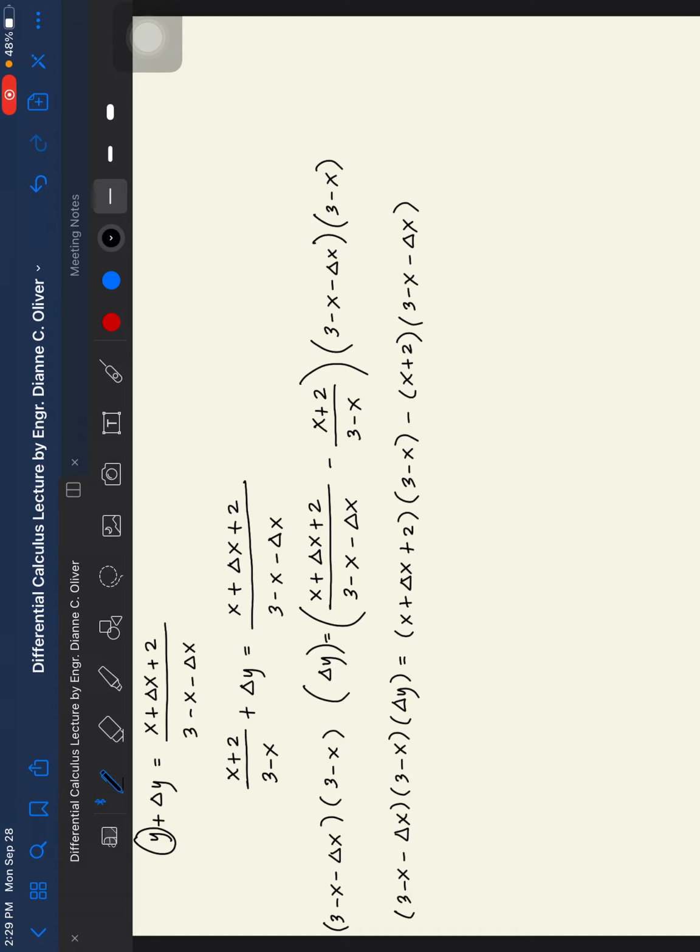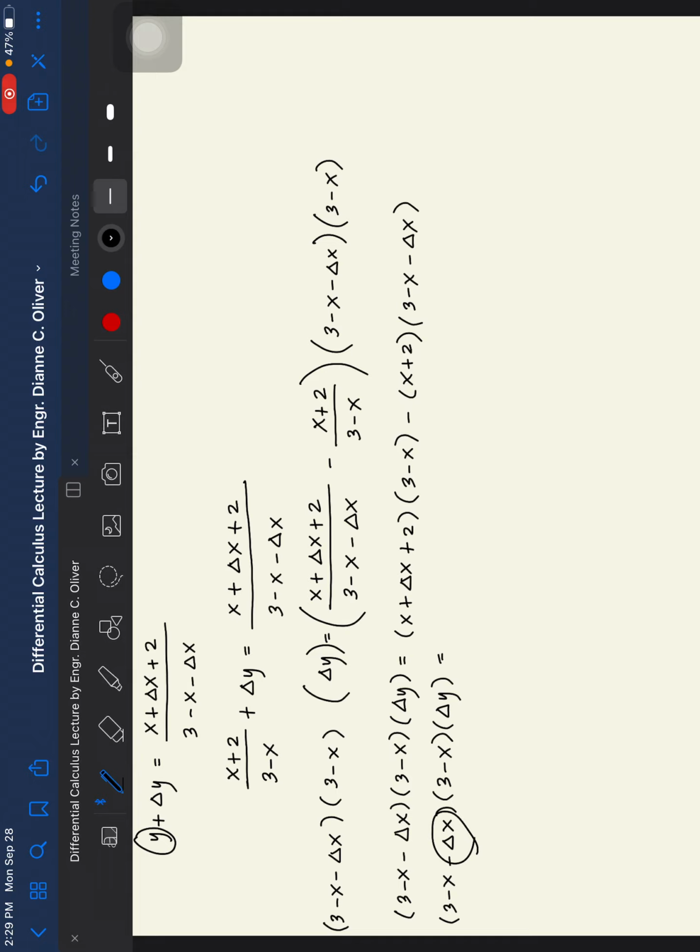Okay, so let's expand or distribute. I leave this as is because you will see later on why. It's for ease of solving. Later on we will just substitute for the value of delta x with 0.